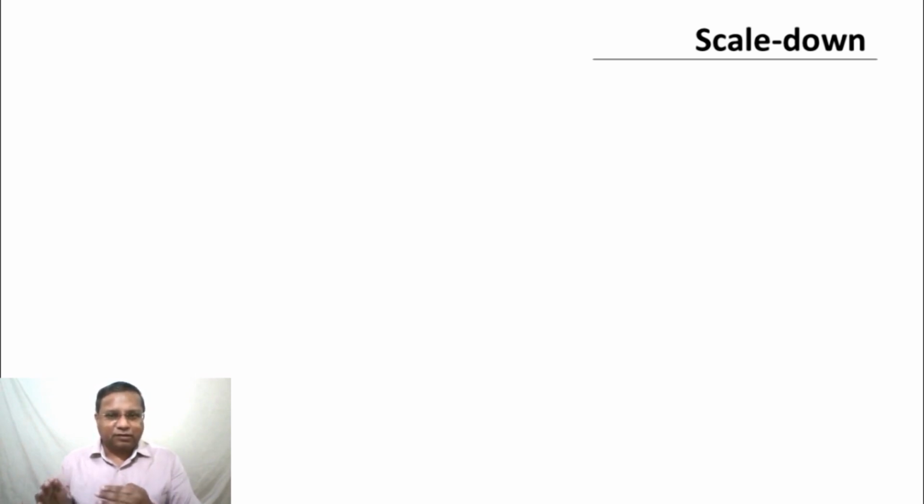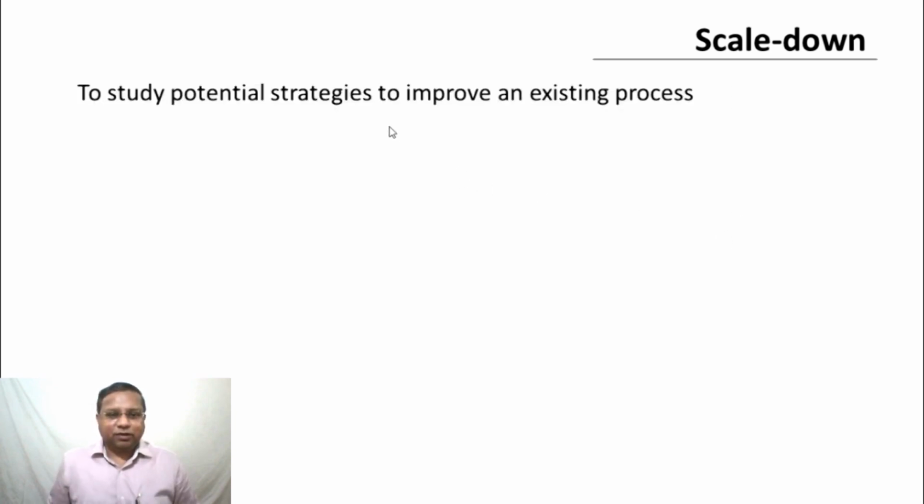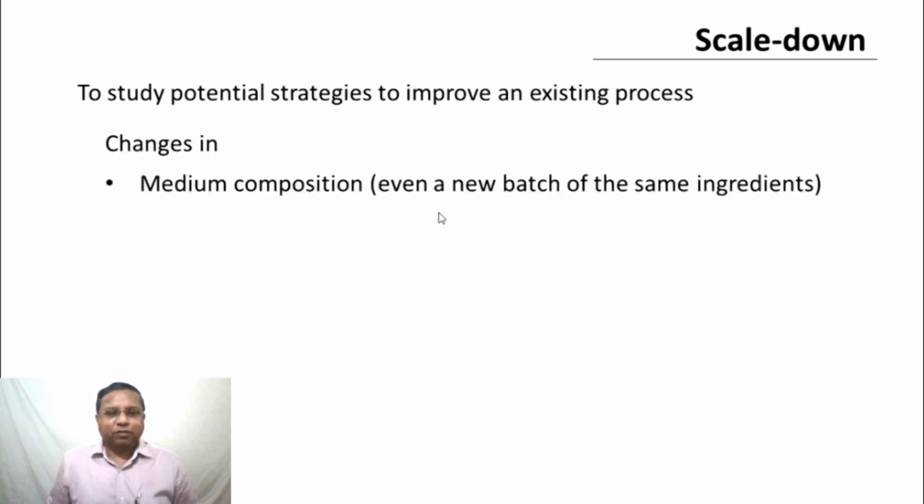So what is done is, the things are built at the small scale to represent the large scale. And then experiments could be done at the small scale with the confidence that they would work at the large scale, and then you could implement them at the large scale. So scale down is also an important aspect in bioreactors. To study potential strategies to improve an existing process, changes in medium composition, for example, even a new batch of the same ingredients is tested at the scale down level.